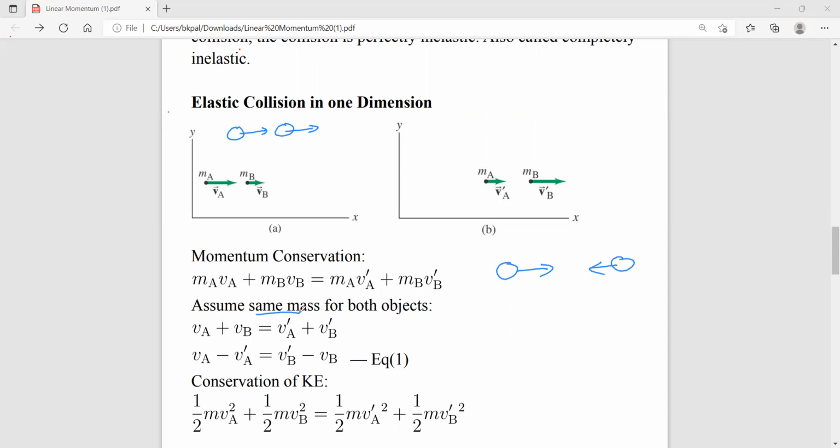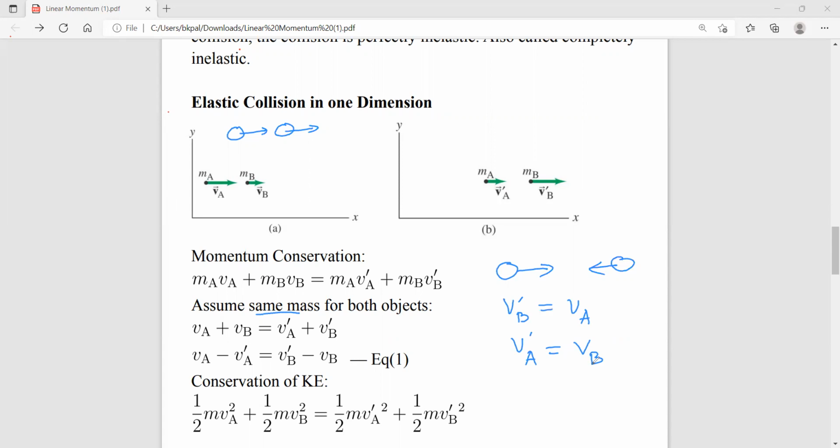similar to what we see in the simulation, you can show that the velocity of b after collision is equal to the velocity of a before the collision, and the velocity of a after the collision is equal to the velocity of b before the collision. Here I already show it.